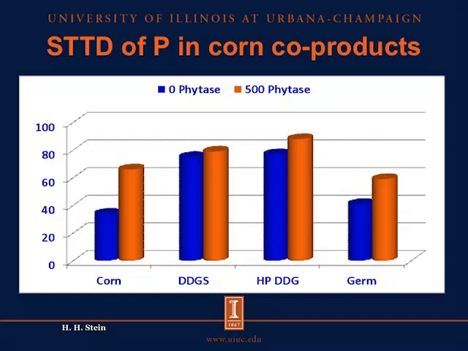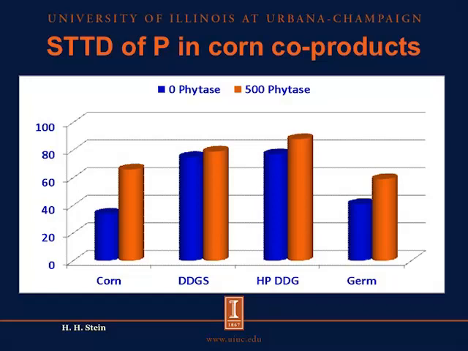In contrast, if we add phytase to DDGS, we don't see a significant increase in digestibility, probably because the digestibility already was quite high in DDGS, and therefore microbial phytase does not result in a further increase in digestibility. And the same is true for HPDDG, where we see a very small increase in digestibility when we use phytase, and not nearly to the same extent as we saw in corn.